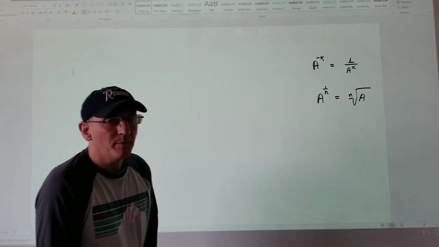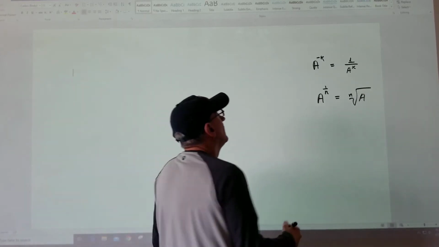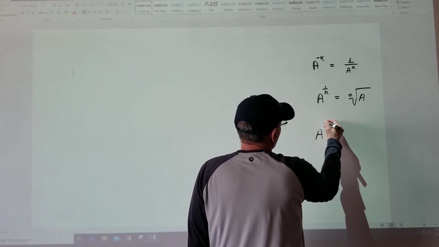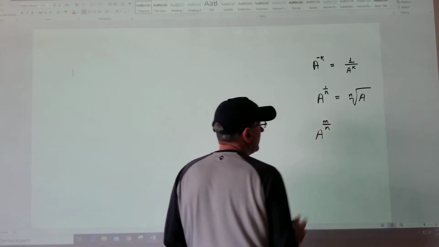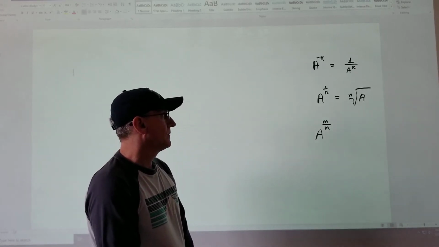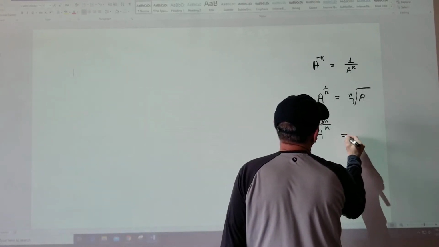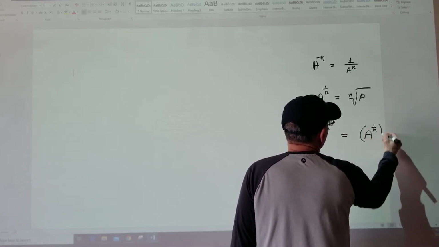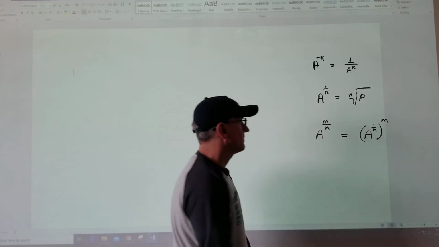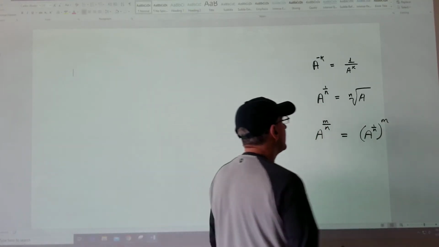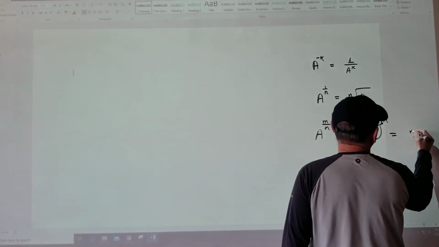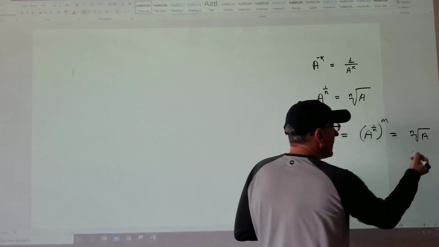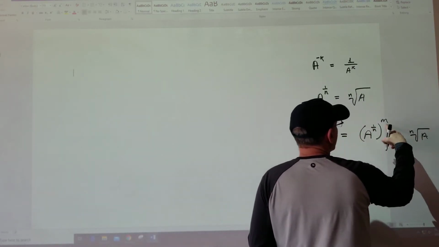And here is a related property. A raised to the m over n can also be written as a raised to the 1 over n raised to the m, which is also the same thing as the nth root of a, and then either to the m power inside here, or up here like it is there.